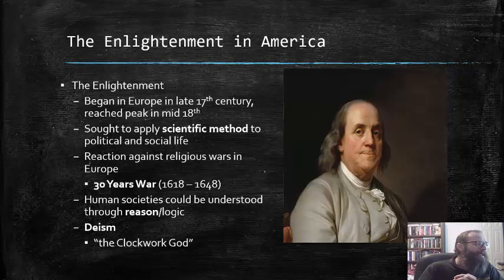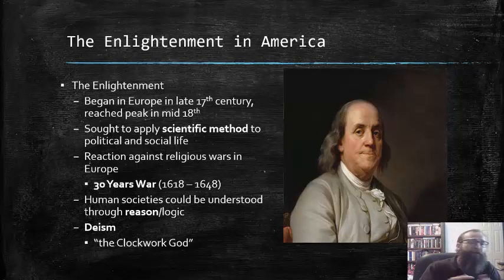And it was really a reaction against the religious wars in Europe of the previous century, particularly the 30 Years' War, which occurred between 1618 and 1648, which pitted Protestants against Catholics and arguably was the bloodiest war in European history prior to World War I.